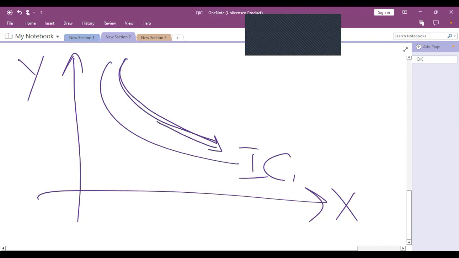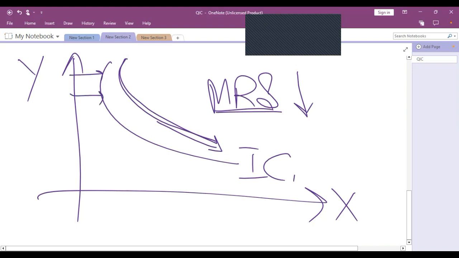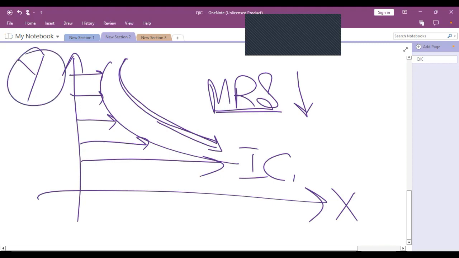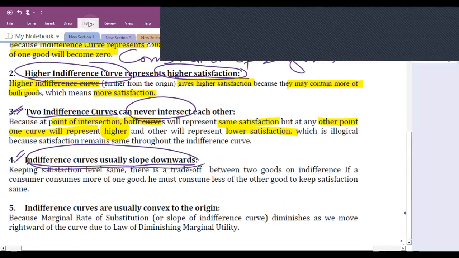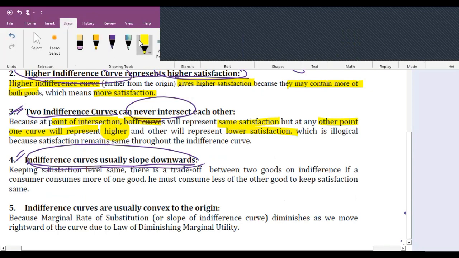The reason is that the marginal rate of substitution decreases when you move from one combination to another. It means the units of product X or Y that you are sacrificing in order to obtain the other decrease with each point of satisfaction level.